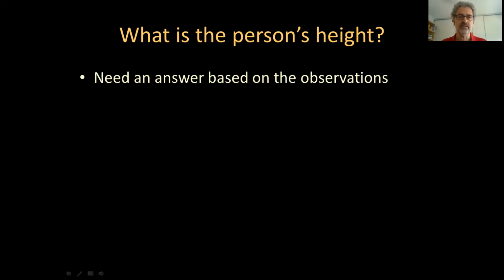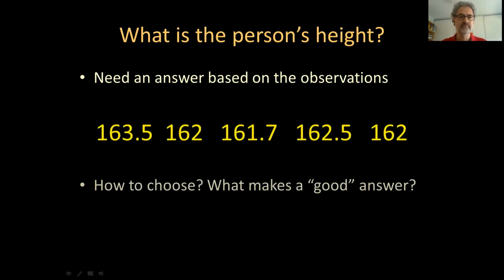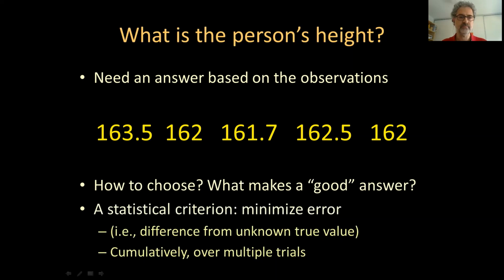We need an answer obviously based on the observations, the data we have, and these are the data we have. How are we supposed to choose from these? What makes a good answer? We could use a statistical criterion, which is to minimize error in the sense of making the smaller error or the smaller distance from the actual true height, but we don't know what the true height is.